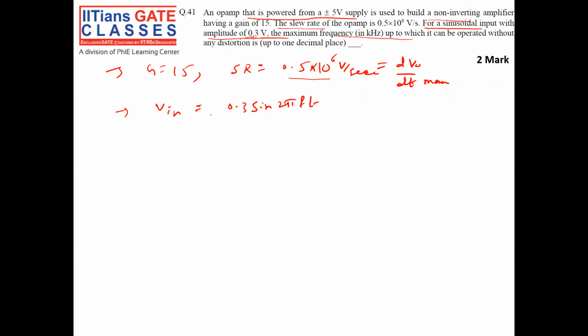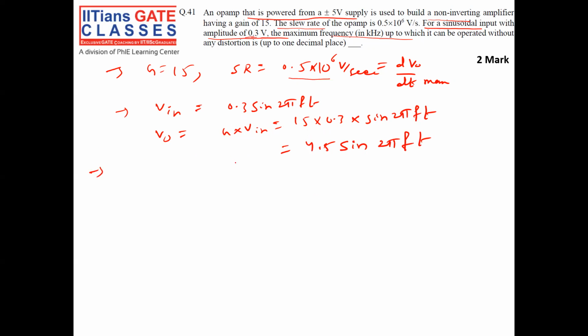Since V_in is this one, what is V_out? V_out is gain times V_in, which is 15 × 0.3 sin(2πft). 15 into 0.3 is 4.5, so V_out is 4.5 sin(2πft).